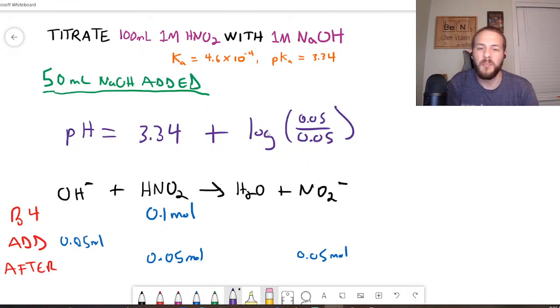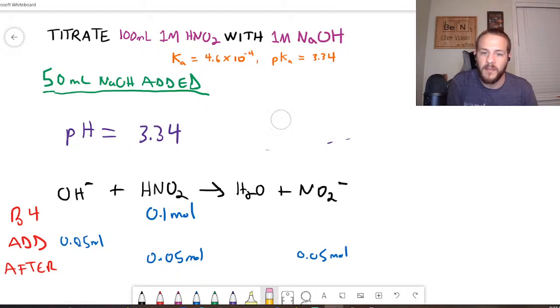All right, so log of 0.05 over 0.05. Well, we know that 0.05 over 0.05 is equal to 1. Anything divided by itself is 1. Pretty basic mathematics there. But what's the logarithm of 1? With a logarithm, you're asking yourself, what power do I have to raise 10 to get what's inside of that logarithm? So what power do I have to raise 10 to get to 1? Well, it's 0. So in this case, this whole term can be canceled from the equation.